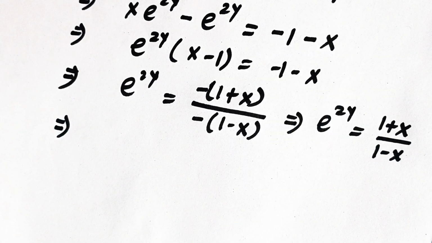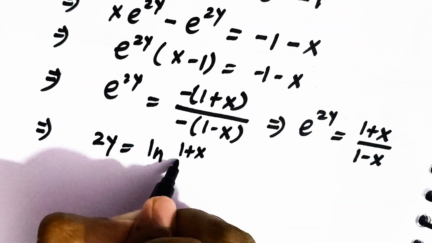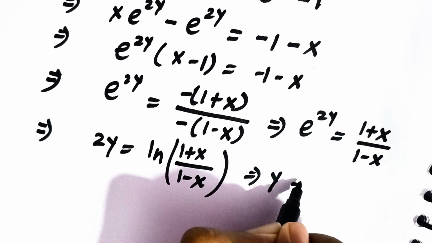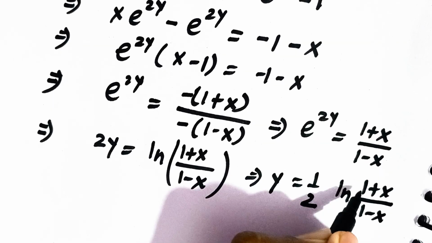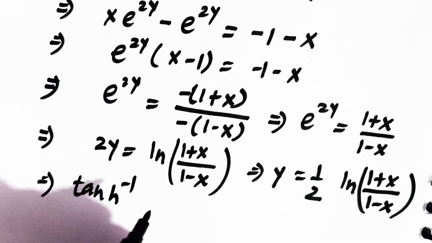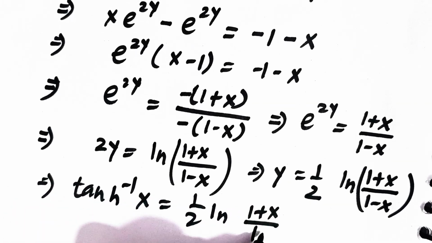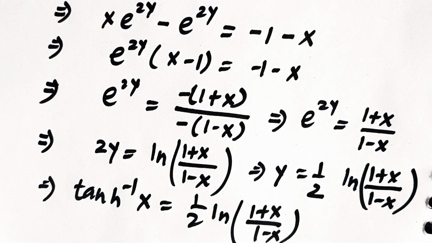Taking the natural logarithm on both sides, we have 2y as ln of 1 plus x over 1 minus x. So what is our y? y is 1 over 2 ln of 1 plus x over 1 minus x. Our y is hyperbolic tan inverse, so hyperbolic tan inverse x is 1 over 2 ln of 1 plus x over 1 minus x. In this way, you can prove the other 3 hyperbolic inverses.